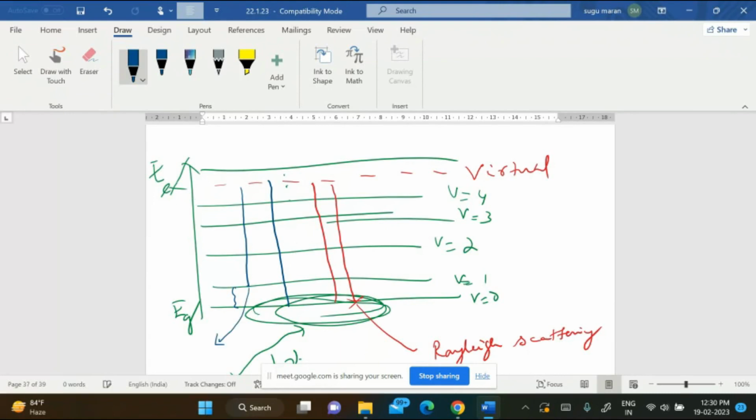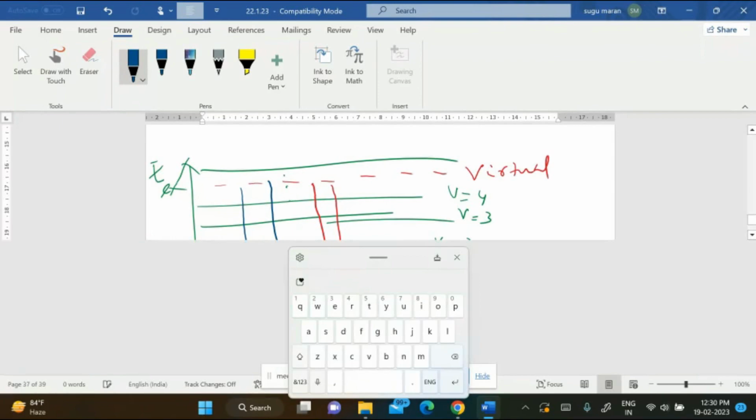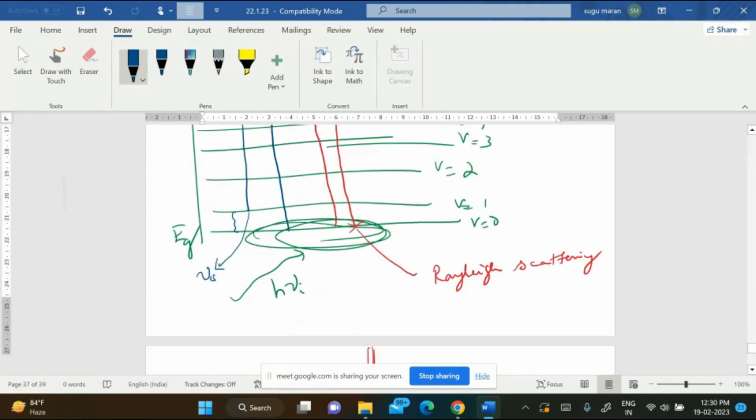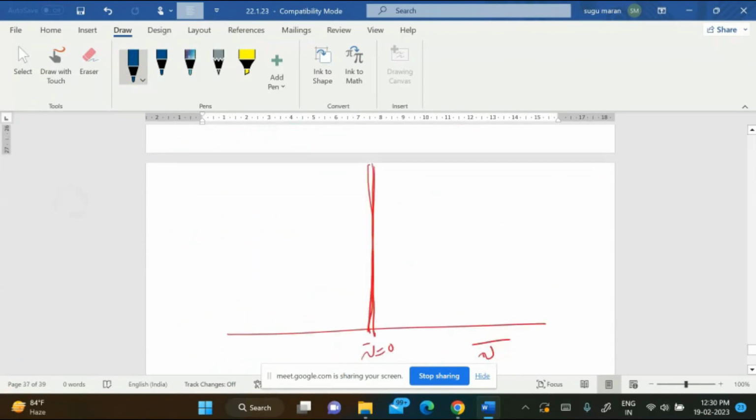This is my scattered radiation. The frequency of the scattered radiation is less than the incident radiation, because the photon loses energy to the molecule. This is my Stokes line. The energy of the Stokes line is less than the incident radiation.